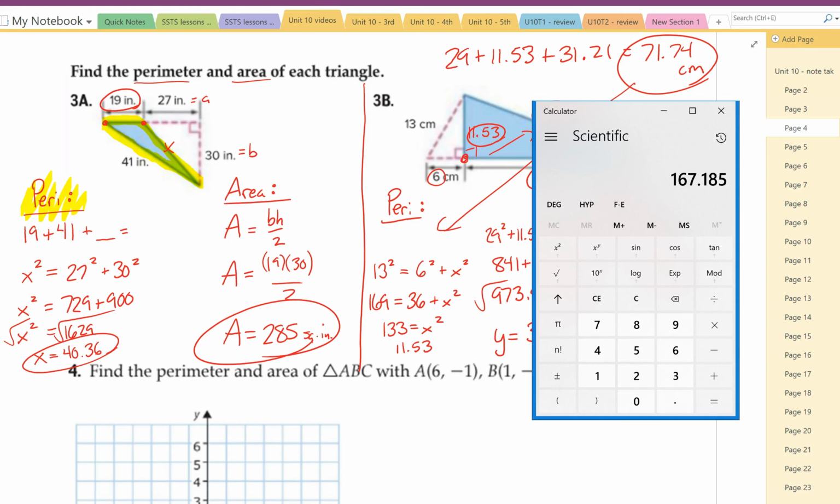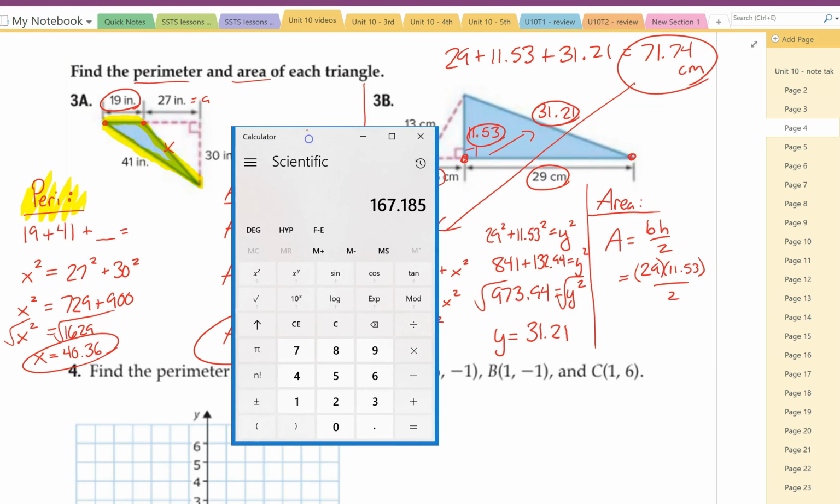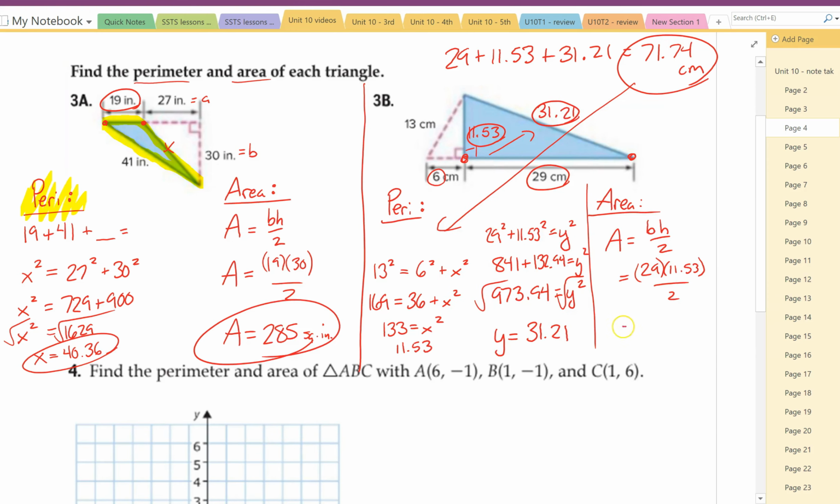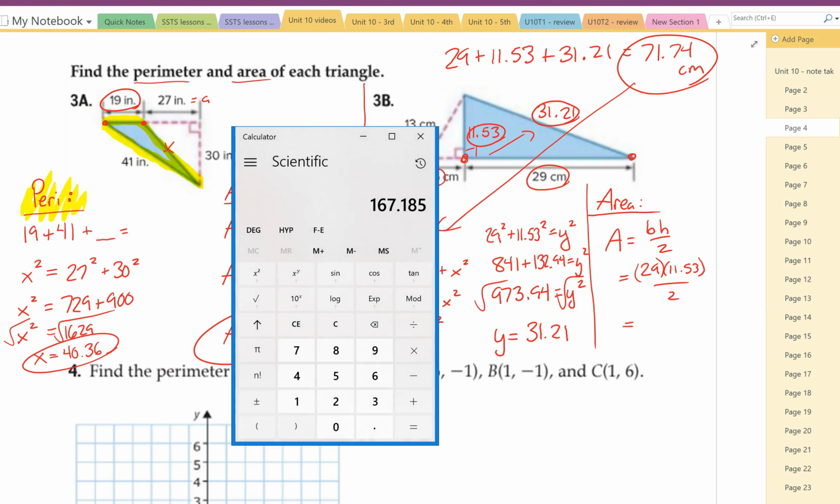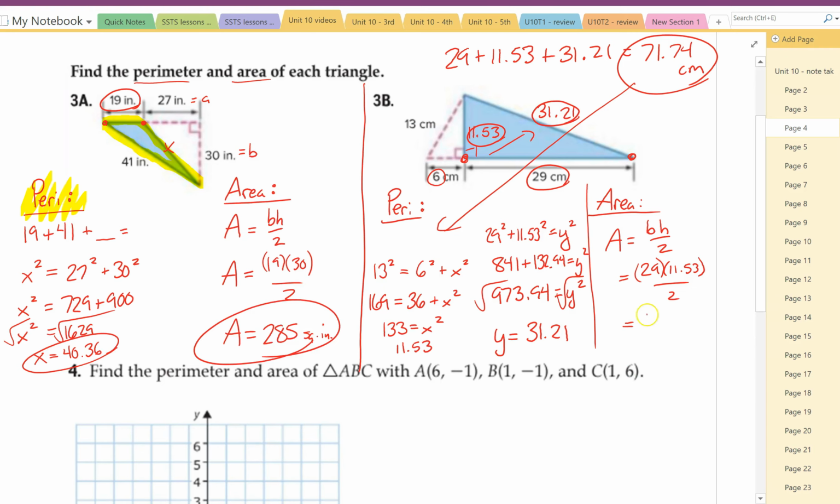So I'm going to get 167.19, we'll say. If you put 167.18, it would technically be wrong, but I wouldn't make a big deal about it. And that is going to be square centimeters.